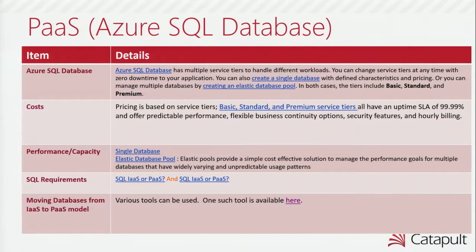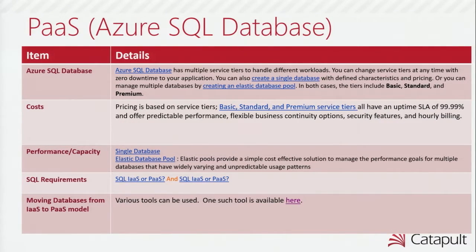So we saw that there's different database tiers, basic, standard, and premium. They all come with different levels of performance and billing. You can move databases from IaaS to PaaS, which is great if you have something complex on premise now, but you're running out of physical hardware. What can you do? You can migrate that database off premise to a pretty high performance virtual machine relatively quickly, right?